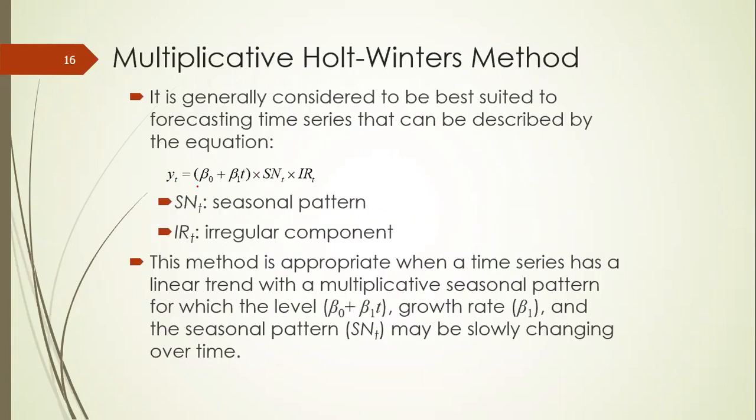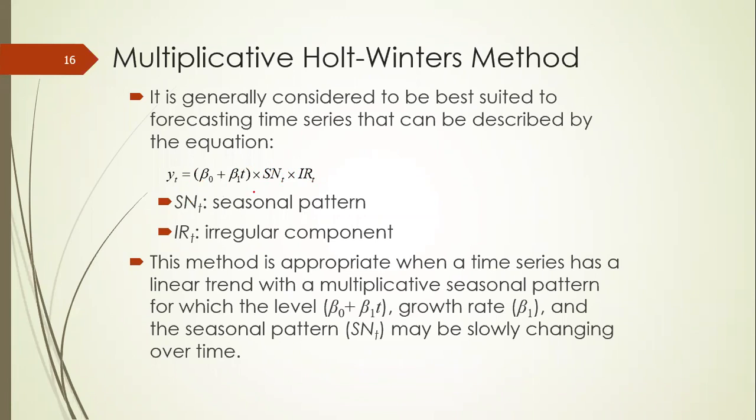So the basic equation for us at the time when we describe the time series model is going to be beta 0 plus beta 1t. This is something we saw in the earlier method also. We started with this simple equation, simple exponential smoothing. Then we moved to beta 1t. But we'll now have it multiplied by seasonal factor, multiplicative model, and then the irregular component.